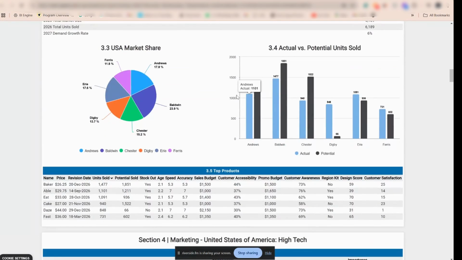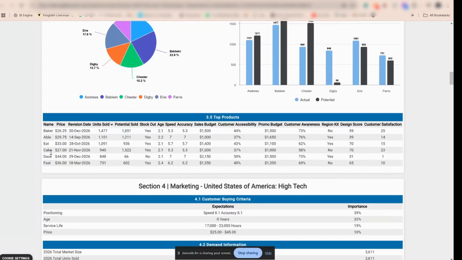So in the low tech market, right? This Able is my product. You can see the sales and promo budget. Able spent 1.5. They spent 2,000. Fast is AI 1,350. Each 1,400.